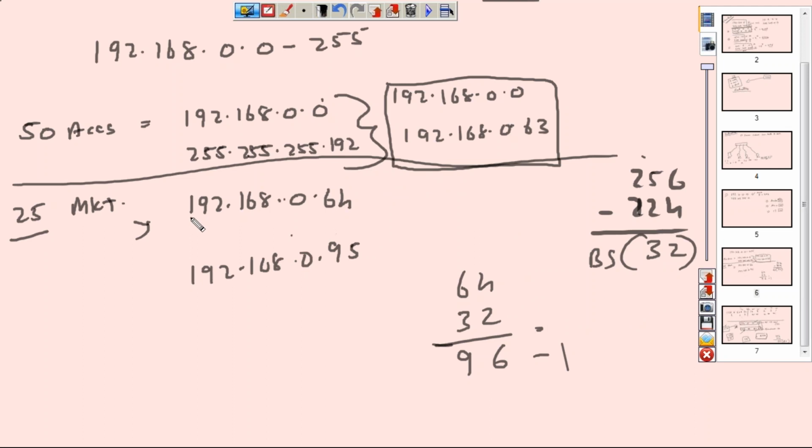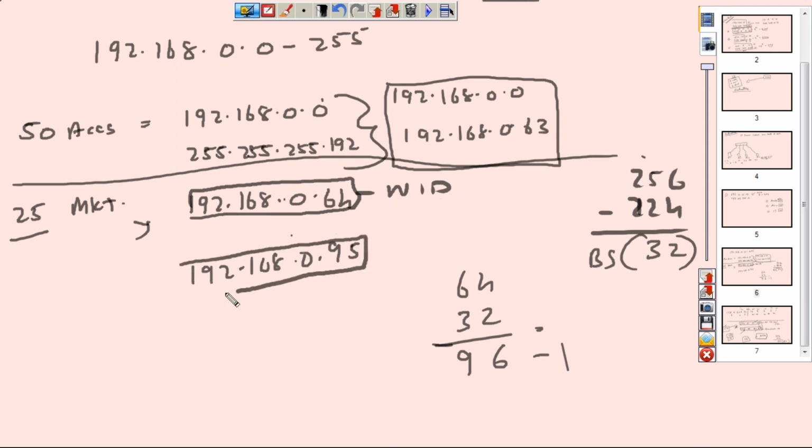Remember, the first IP is called what? Network IP. The network ID or the network IP, both are correct. And the last one is your broadcast ID, which means those cannot be used. What you can use is from 65 all the way to 94, one before the broadcast.